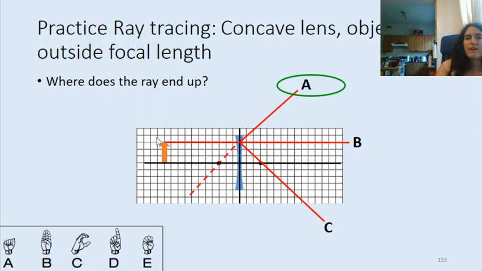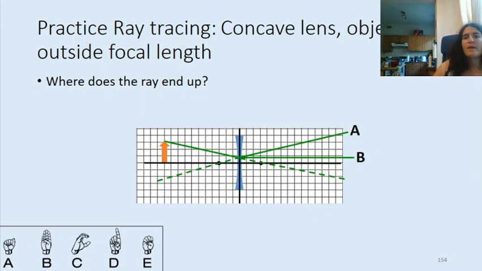So here I have a light beam that is starting out parallel. It's going to get diverged through this lens. At what angle does it come out? It comes out as if it came from this near focal point. What about now? So now I have a light beam that looks as if it's going towards the far focal point.